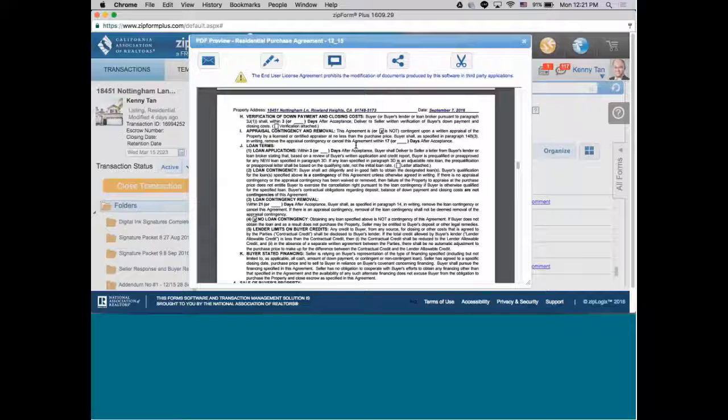All right, next page. Usually the ones that I pay much attention to is, first of all, as far as I'm concerned, appraisal contingency and loan contingency are basically two of the same contingency. I don't really care if the appraisal contingency is there or not.